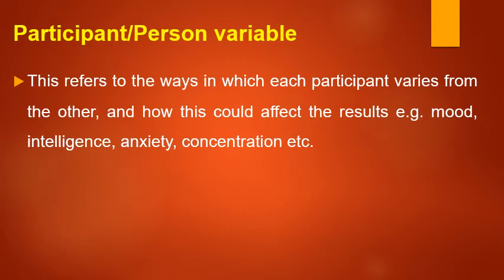Intelligence and anxiety vary from person to person. So when you're choosing the sample, especially when you're assessing intelligence or conducting educational interventions, all must have equal intelligence or the same level of anxiety. Such persons you have to select. Then only the research outcome will be appropriate or valid. Otherwise, you may get false results if you are not controlling this participant or person variable.